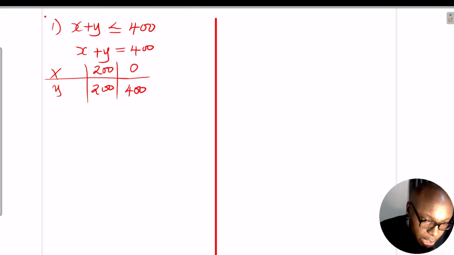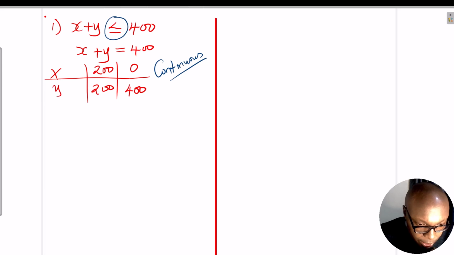It is good to note that this line will be a continuous line, by the fact that you can see the sign less than or equal to, meaning all the points that lie on that line will also satisfy the inequality. So let us draw it.